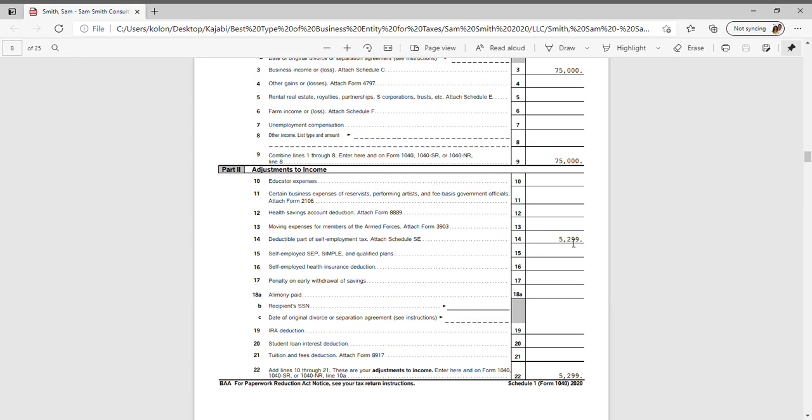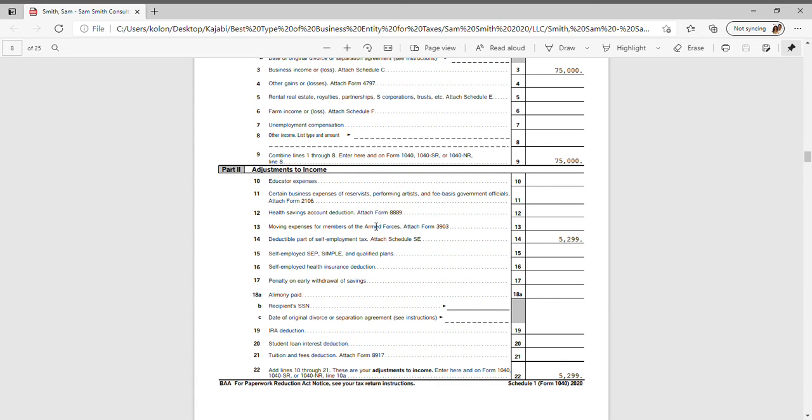When it comes to LLC, very similar to sole proprietorship, there is this self-employment tax that is deductible, but it also has to be paid, and we'll get to that in a little bit later. But unlike an S corporation or a partnership, there is no self-employment calculation. So that's one of the major differences that you see. But again, this shows you right here what the deductible part of that self-employment tax deduction is.